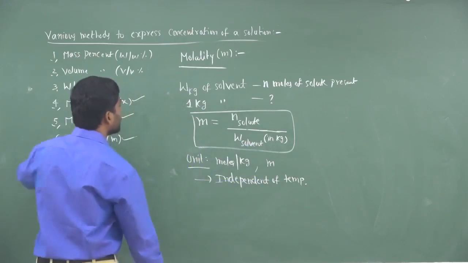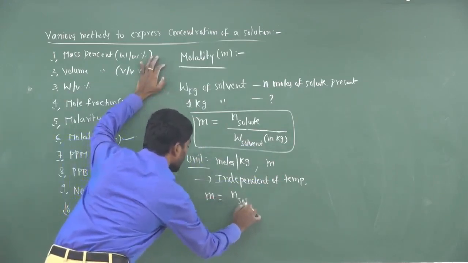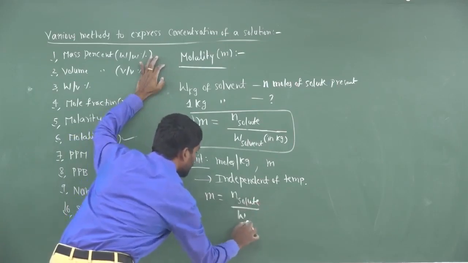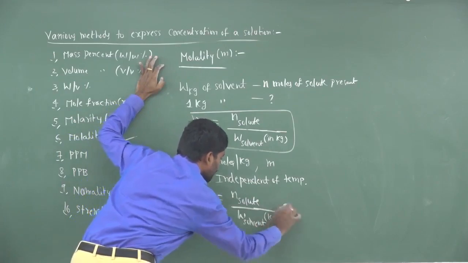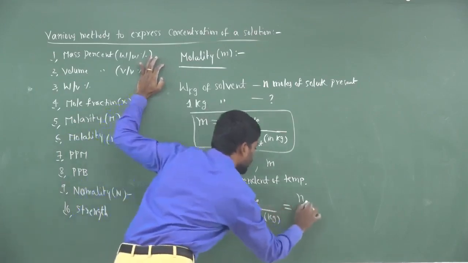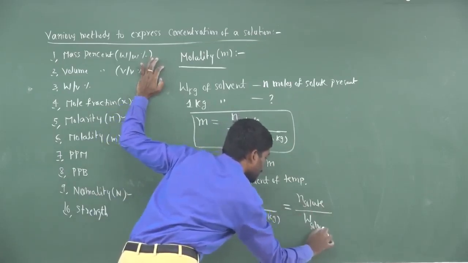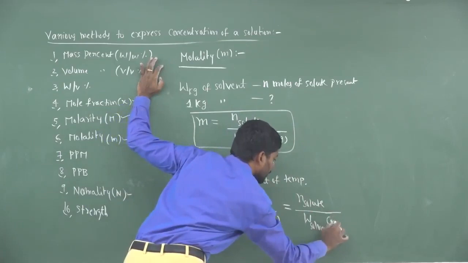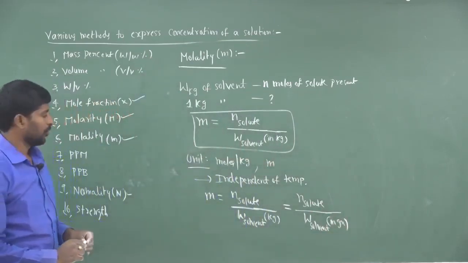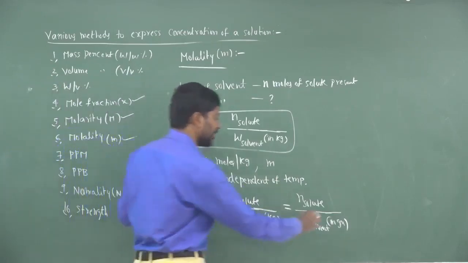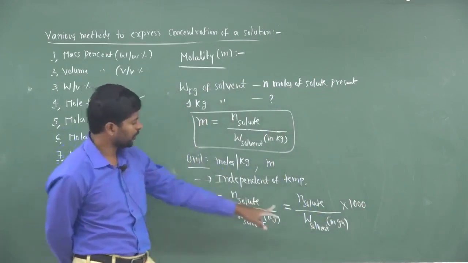Okay, next one. Molality is equal to number of moles of solute by weight of solvent in kgs. This we can write as number of moles of solute by weight of solvent in grams, multiplied by 1000.